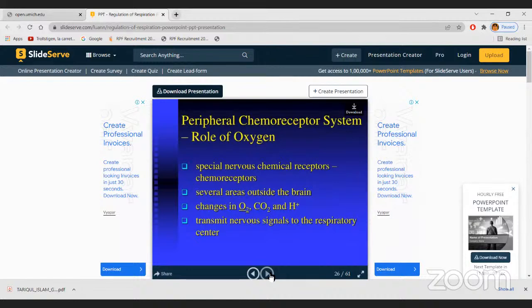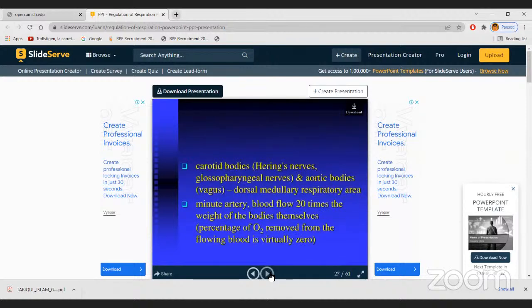The special nervous chemoreceptors are located in several areas outside the brain and detect changes in oxygen, carbon dioxide and hydrogen ions. They transmit nerve signals to the respiratory centers: the carotid bodies via Hering's nerves and glossopharyngeal nerves, and the aortic bodies via the vagus nerve to the dorsal medullary respiratory area.